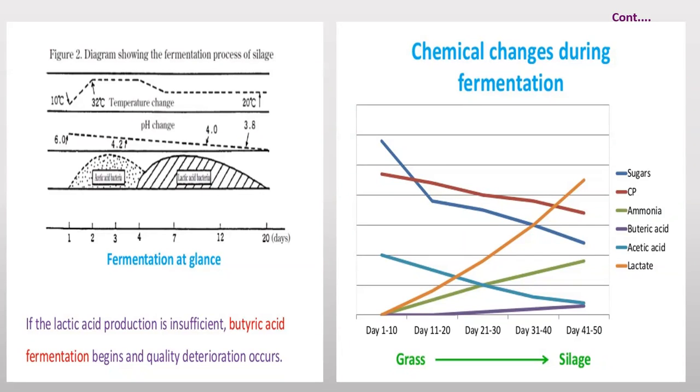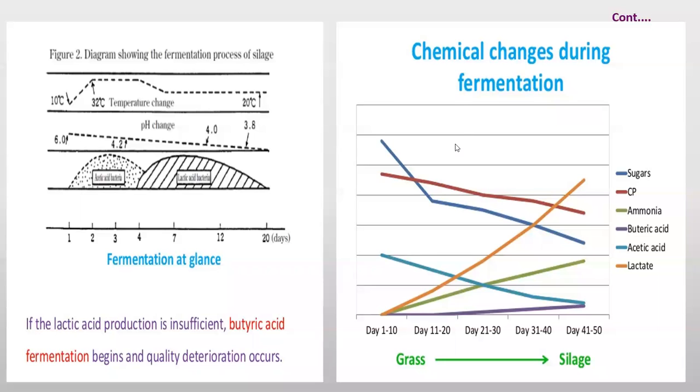Here you can see the graph of lactic acid production. If lactic acid production is insufficient, then butyric acid fermentation begins. Once butyric acid fermentation starts, the quality of the silage will deteriorate. So we should keep in mind that lactic acid fermentation is very important for the preparation of good quality silage.